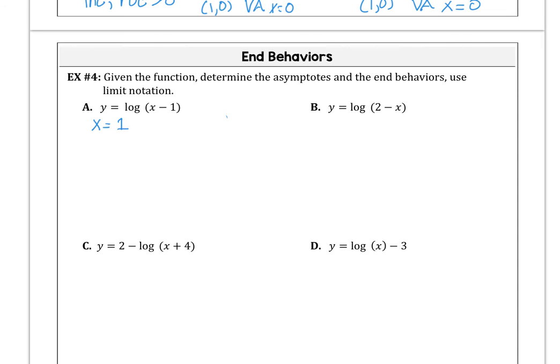And I'm thinking this is going to be on the right side of the vertical asymptote, so it's going to be an increasing function. And that helps me to write the limit notation. The limit as x approaches 1 from the right on that function, y is going to go to negative infinity.